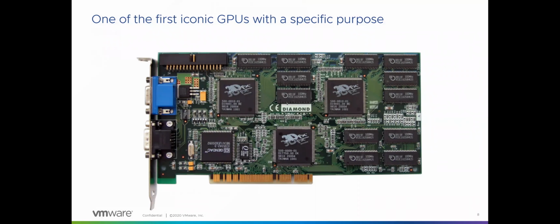So the first iconic GPU that came like 20 years after that was this one. For who might recognize, this is the Voodoo One, the Monster Voodoo One. And to me, this is the real iconic first GPU, because this was the first GPU that made a difference in a real specific use case.